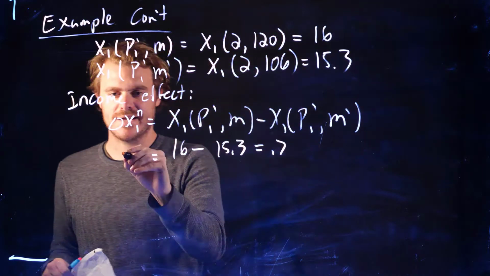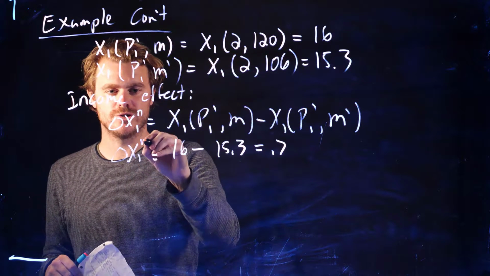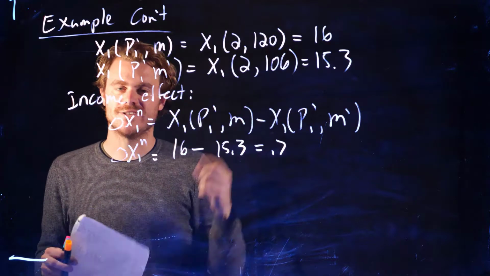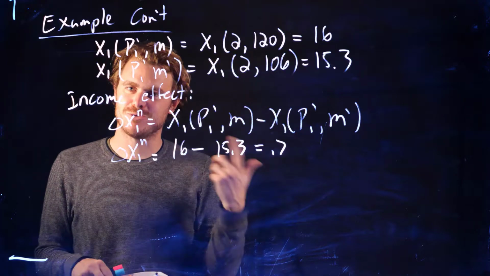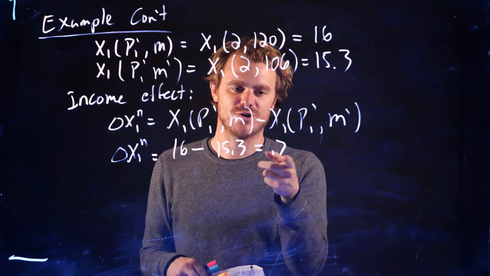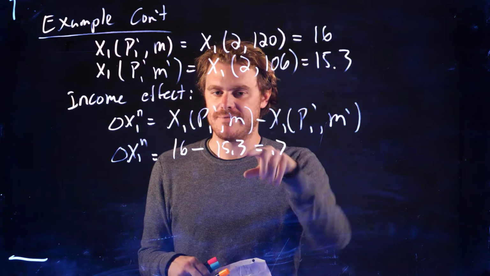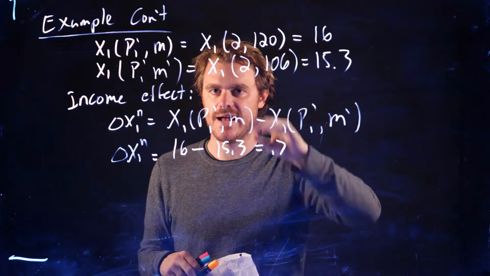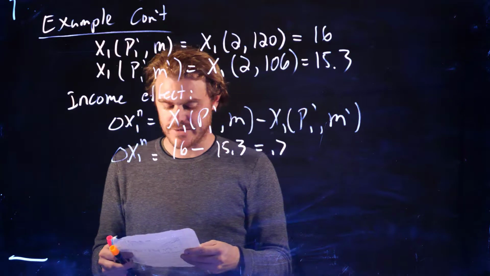And again, that makes sense, right? Because the total effect was 2. We already calculated the substitution effect, which was 1.3. So it's left over. It's got to be the income effect, 0.7. But we can confirm this, and hopefully that helps you understand the functions that we're working with.